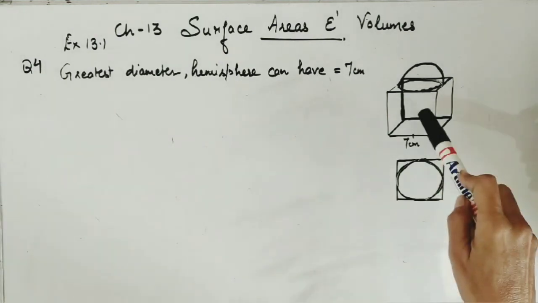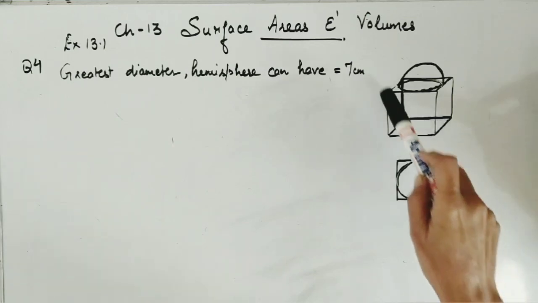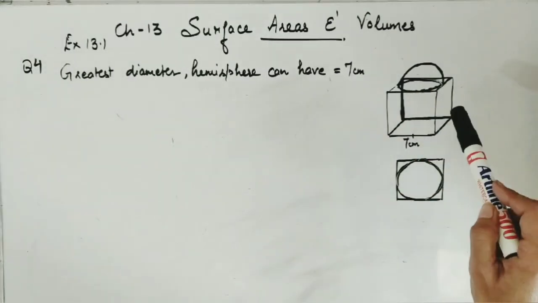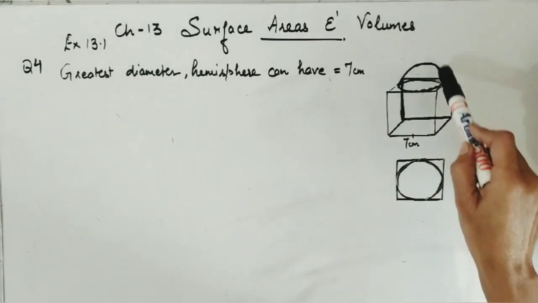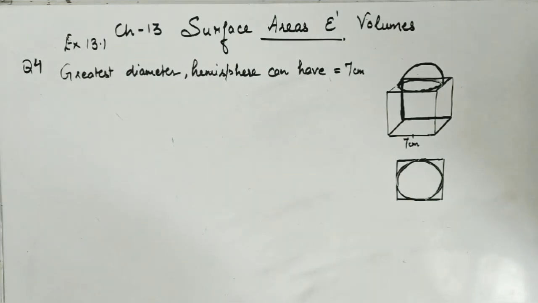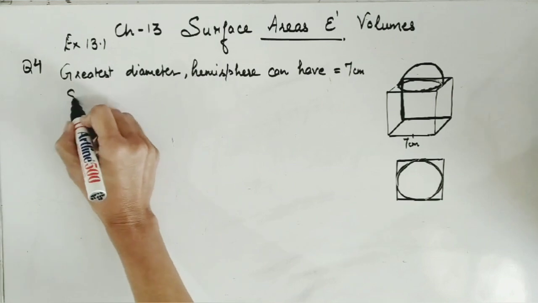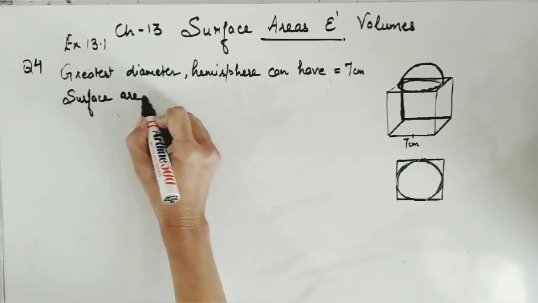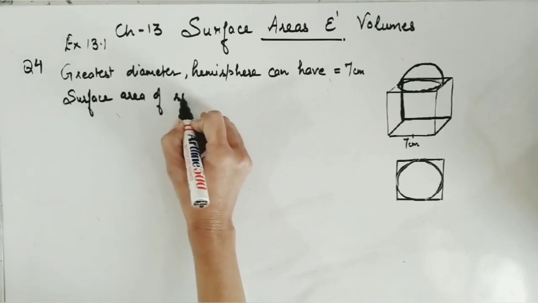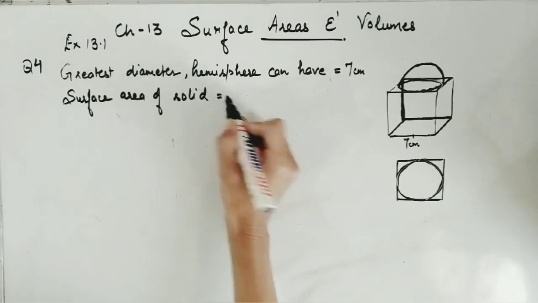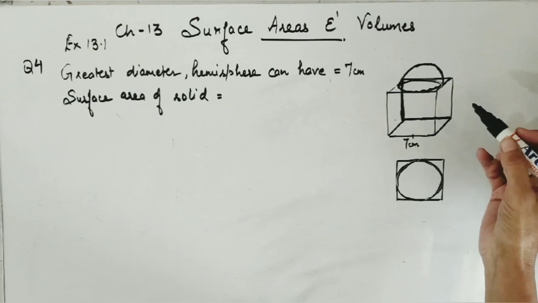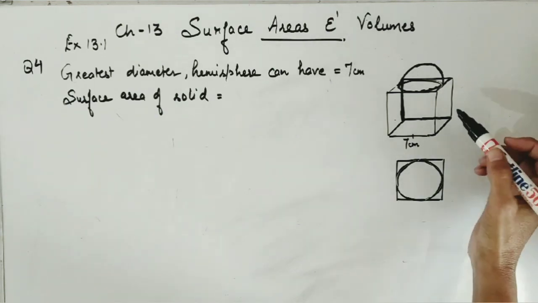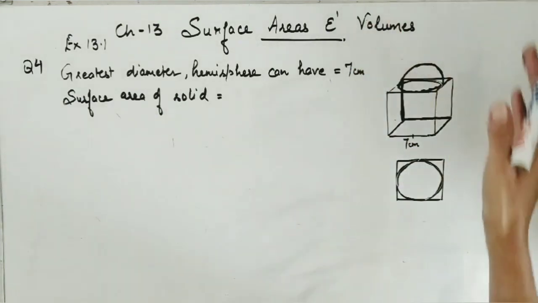The surface area of this complete solid. This solid comprises a cube and a hemisphere. But when you talk about the surface area of the solid, it can't be the surface area of the cube plus the surface area of the hemisphere. It has to be seen according to the total shape.